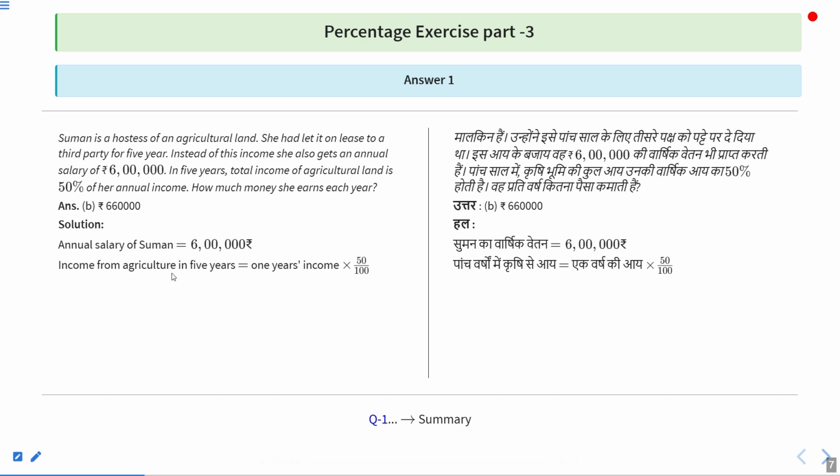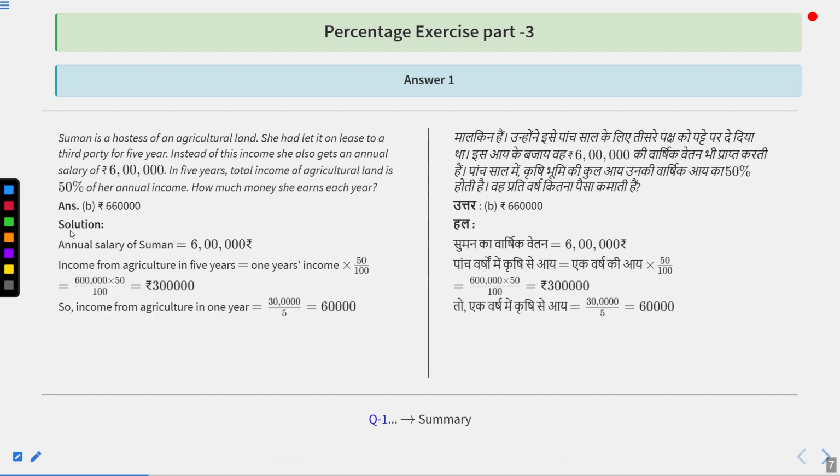And income from agriculture in 5 years is going to be 1 year's income into 50 upon 100, because it was given that it is 50% of her annual income. So 50% of annual income is going to be 6 lakh into 50 upon 100, that is rupees 3 lakh. So income from agriculture in 1 year is going to be 3 lakh upon 5, that is 60,000 rupees.